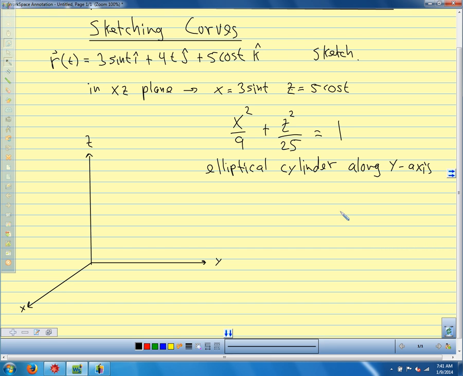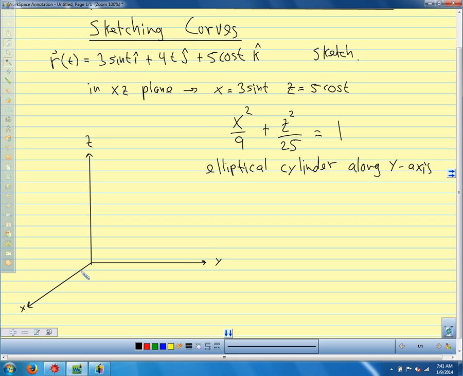The major axis is the Y? All right. So which axis is going to be our major axis? X or Z? Z. Okay. So our ellipse is going to be stretched along the z-axis.